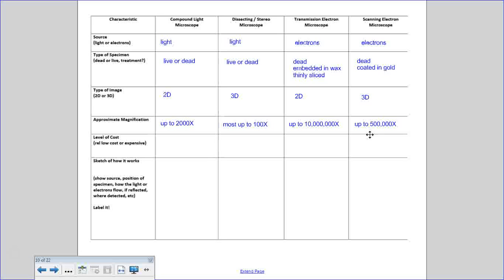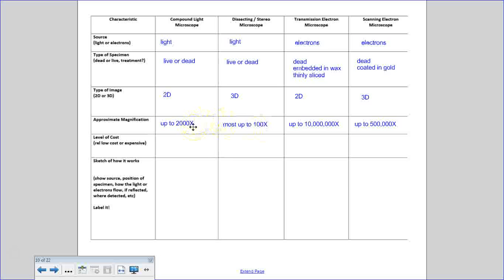So I don't necessarily expect you to memorize the values, but to understand, okay, so the dissecting microscope, it doesn't give us a lot of magnification, but it gives us enough so that we can see more detail when you're dissecting or when you're looking at the external features of things, okay?